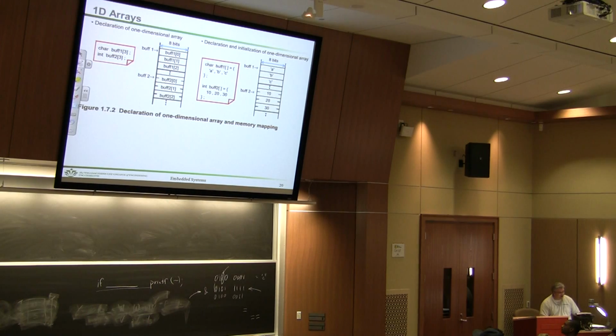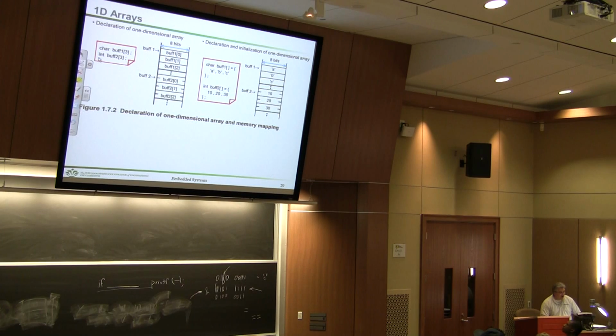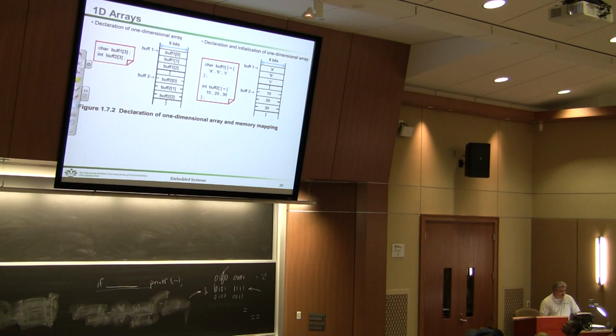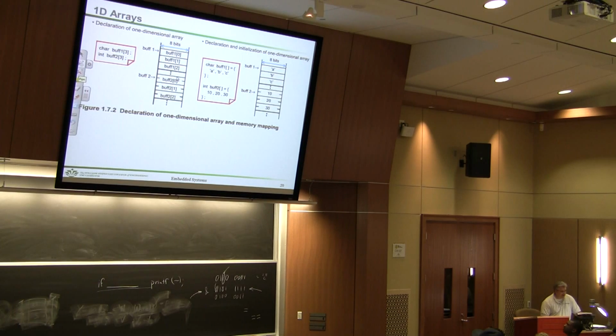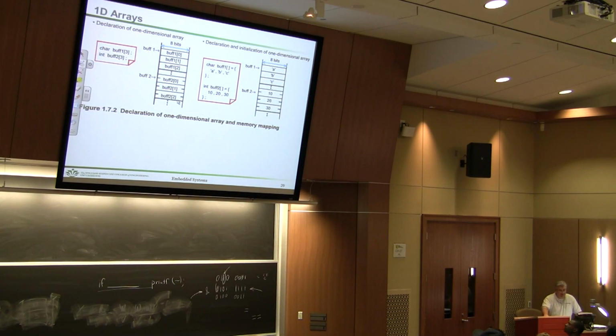We have 3 of these, so it will take a total of these 3 locations. An integer we're identifying for our system is going to be 16 bits. So in this case, you're going to identify a total of 6 bytes that you're going to store in our array.